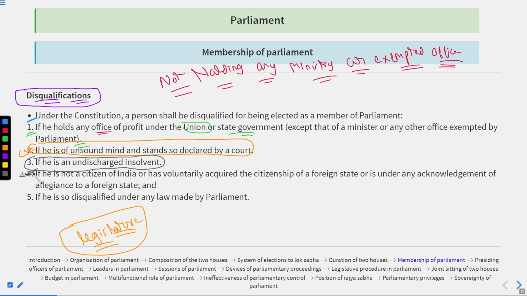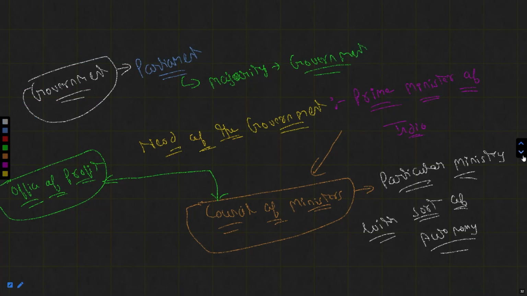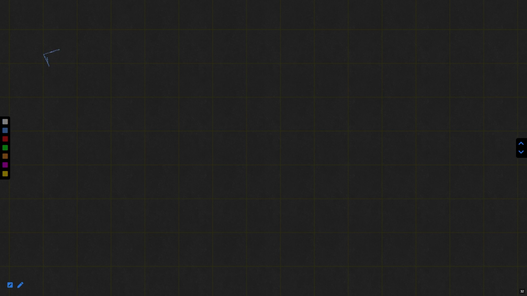Thereafter, if he is not a citizen of India or has voluntarily acquired the citizenship of a foreign state or is under any acknowledgement of allegiance to a foreign state. Like when we were discussing citizenship, there was a topic in which we talked about the loss of citizenship, right?